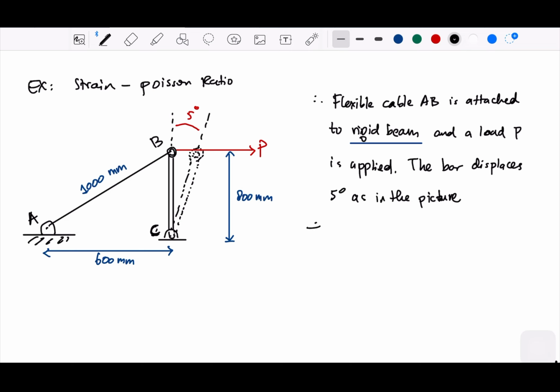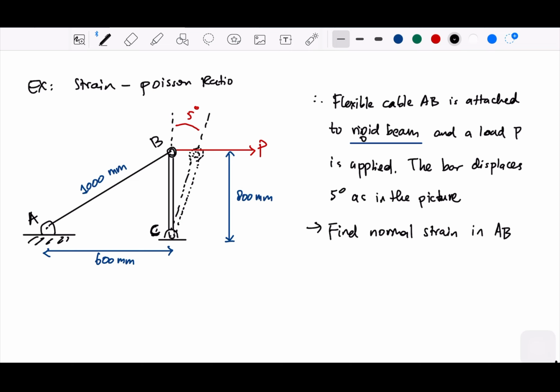The question: find the normal strain in AB. Oh, this is not yet Poisson ratio, but maybe later.